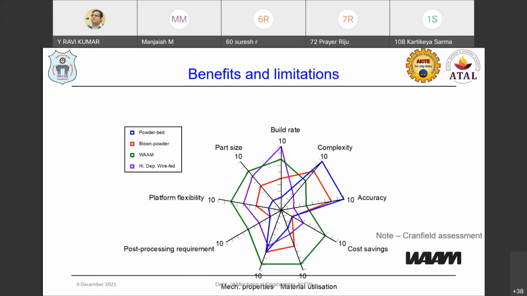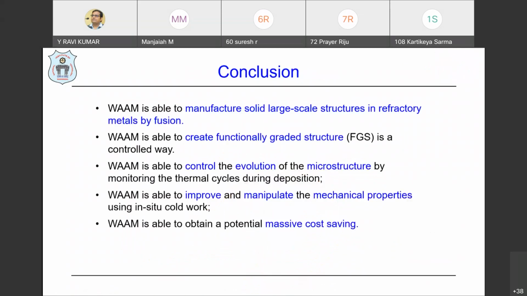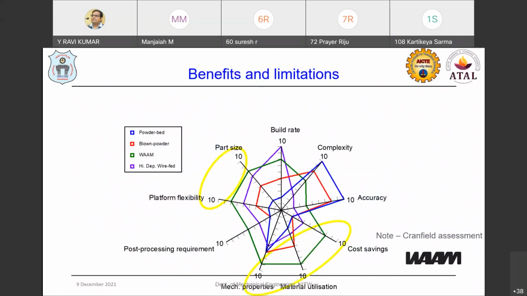You can see the spider diagram, which depends on what kind of requirement you have. If you want part size and platform flexibility, you need to go for one process. And if you want cost saving, high mechanical properties or material utilization, we need to go for another kind of process. You can see the powder bed gives complexity and accuracy.